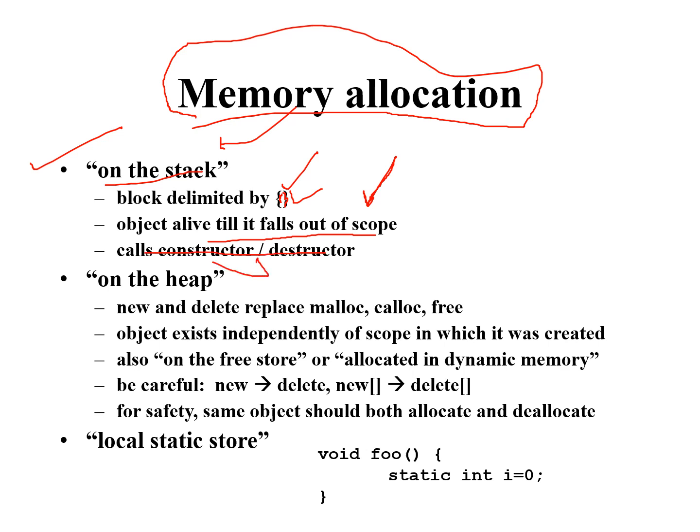It calls constructors and destructors. This is how a stack looks, one over another. It has only one way exit, like you can give an input from this side and take the output only from this side.